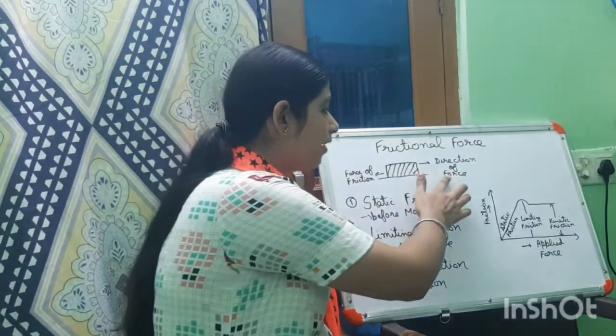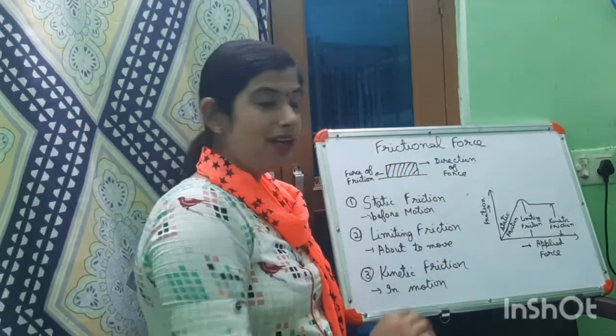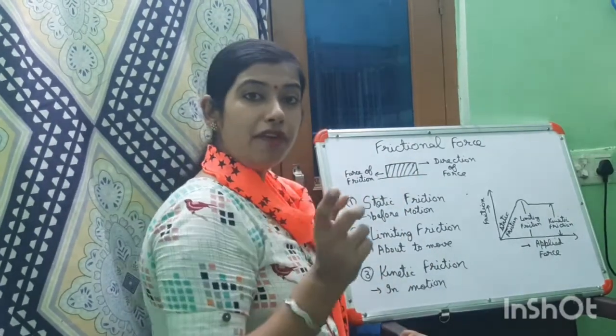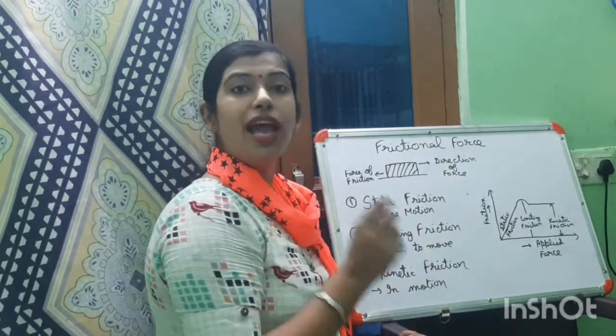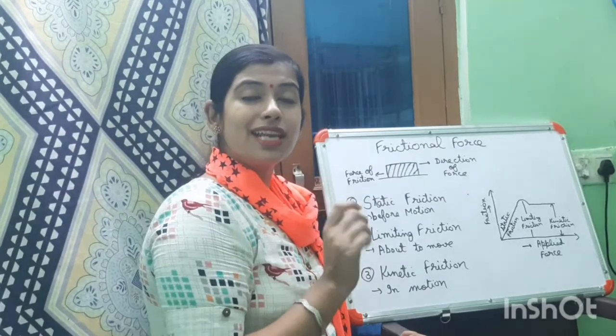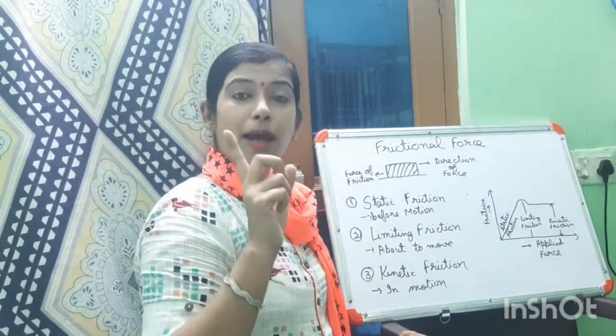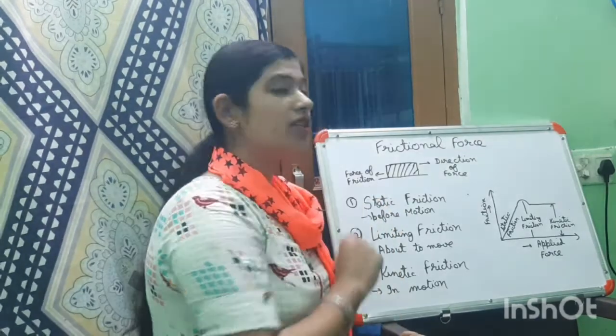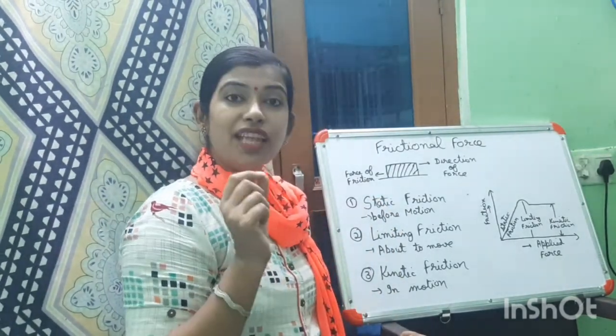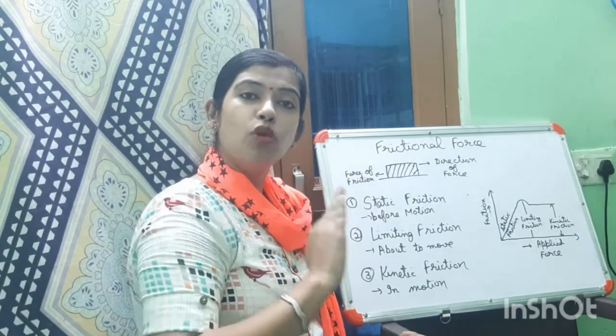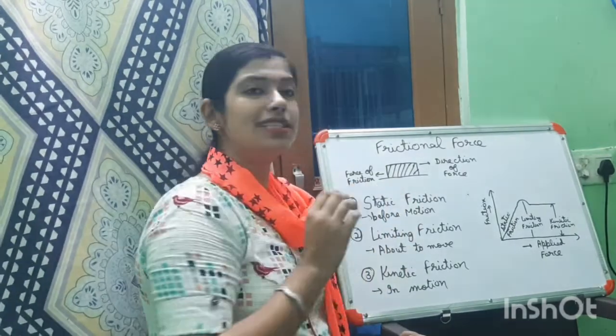So if we have a block here, this is our surface. If this is the direction of the applied force, meaning the direction in which you apply force, opposite to that applied force there will be a force of friction that will oppose the motion of the block on the surface.